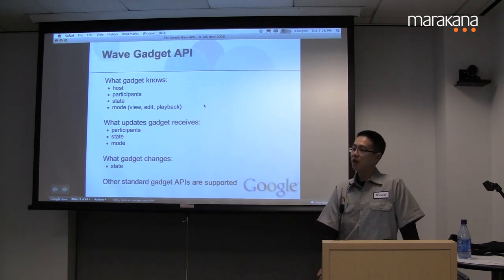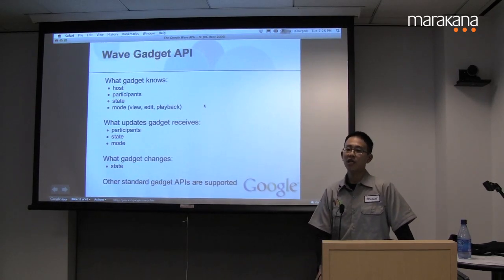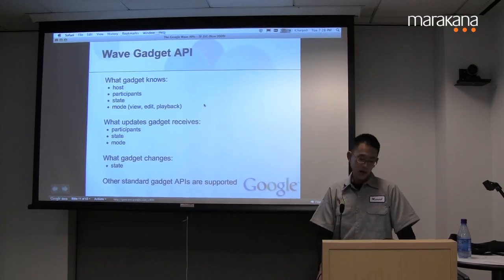But a gadget can only make updates to one thing, that is the state of the gadget. It cannot change, like, the participants. It cannot add a new participant. Right now, it doesn't support modifying the mode.